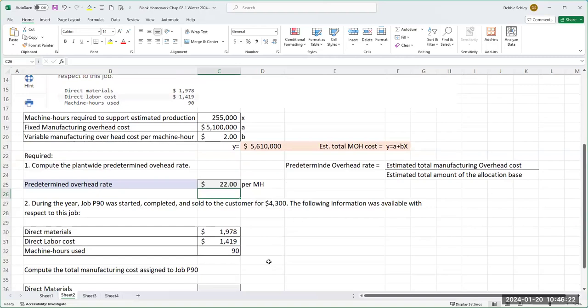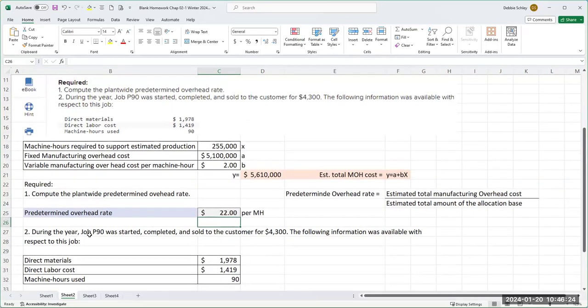Requirement two, again, during the year, and I typed it in as well as it's up here, copied from the book. During the year, job P90 was started, completed, and sold to the customer for $4,300. The following information was available with respect to this job. So here's my direct materials that they told me, the direct labor cost they told me, and the machine hours used.